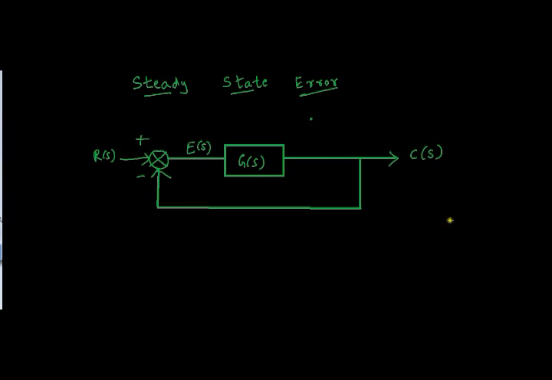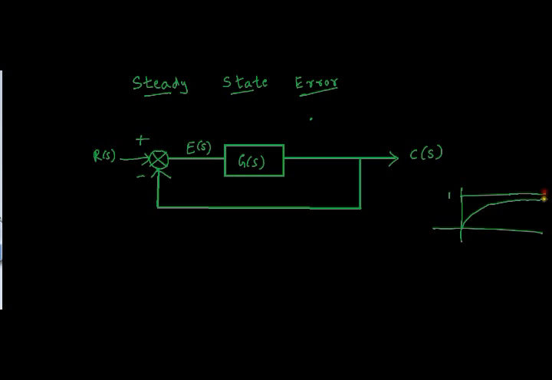For example, say you have applied a step input to a control system, then the output will typically be in this fashion. So this is the input, then the output will follow in this fashion.